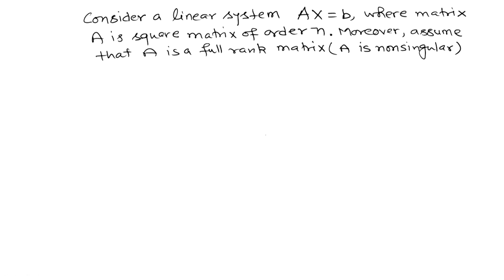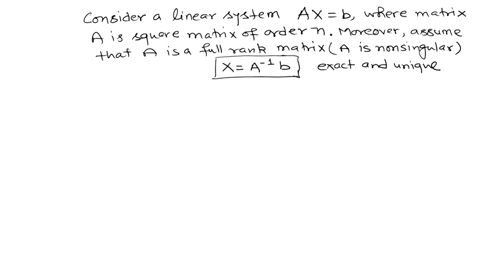Since A is non singular, A inverse exists and the solution of this system can be written as x equals A inverse into b, and this solution will be the exact and unique solution to this linear system.